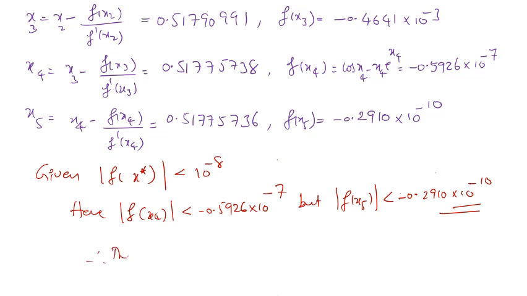Therefore the approximate root x star is nothing but x5, that is 0.51775736. This is a problem in the Newton-Raphson method.